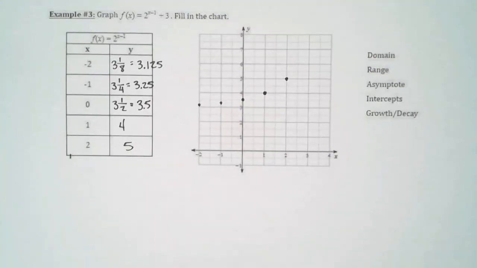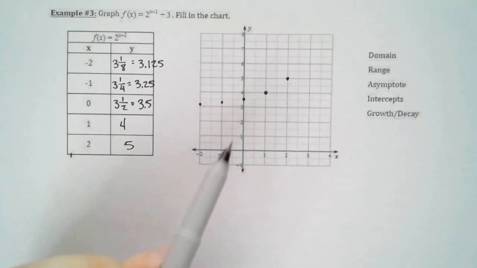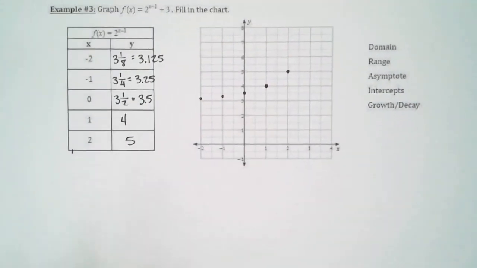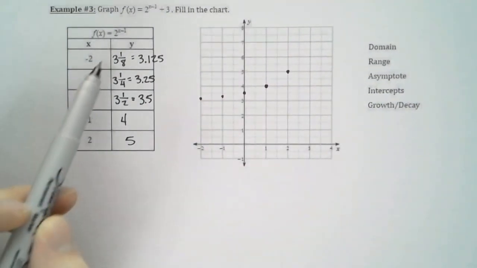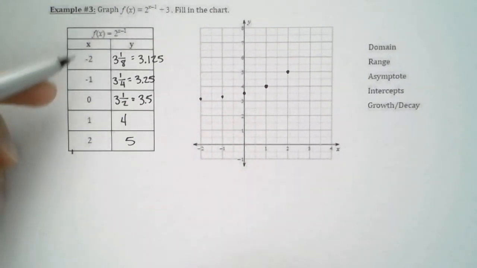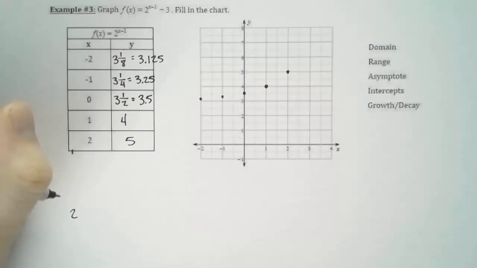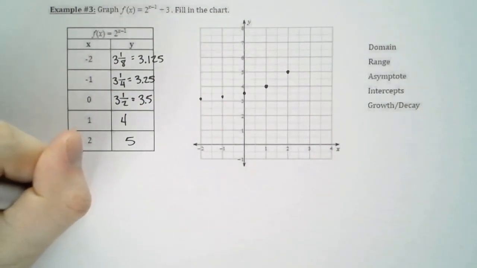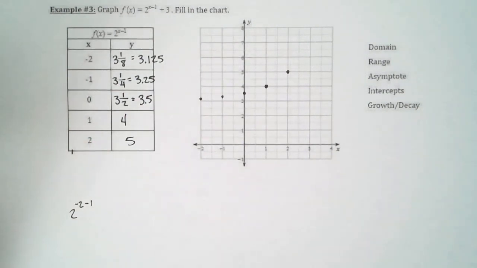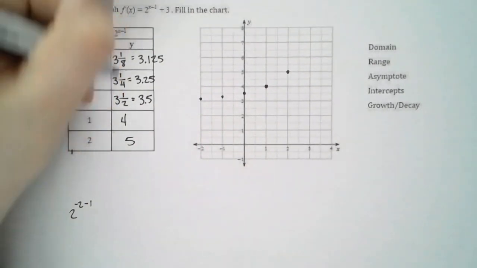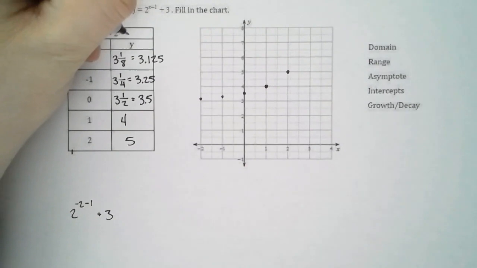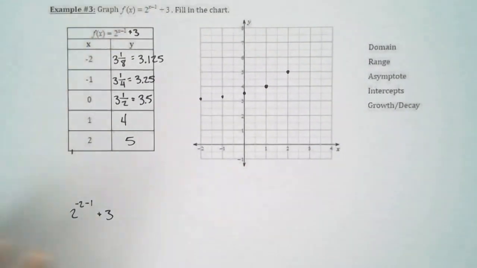All right, this is what I got for my table of values and my coordinates over here. Make sure you are applying your exponents properly. So like for this first example, we have 2, and then we are plugging in -2, and we have a -1 outside of that. And we're also adding 3. This should say plus 3 out here.